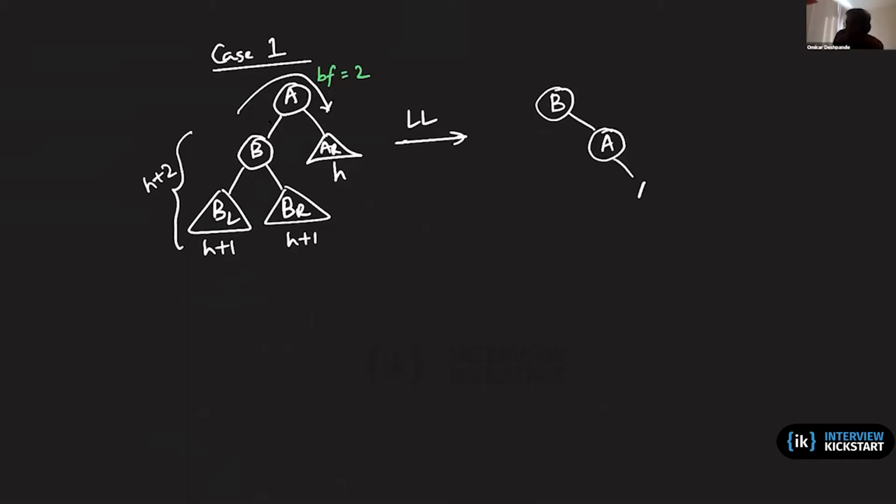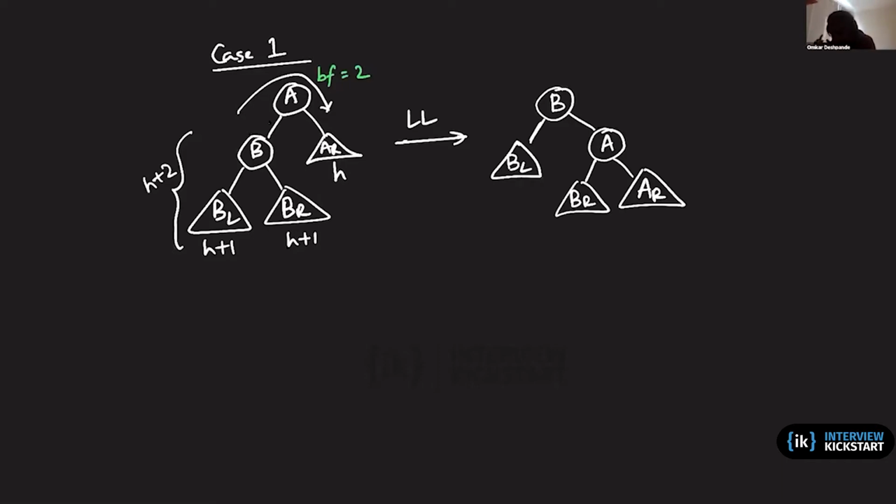The right subtree of A continues to be what it is. The left subtree of B also continues to be what it is. But the right subtree of B is going to become the left subtree of A, because there's no space for a third child for B. So it just moves down.